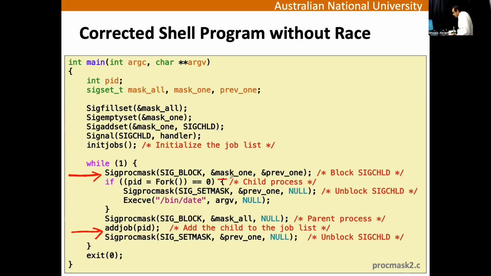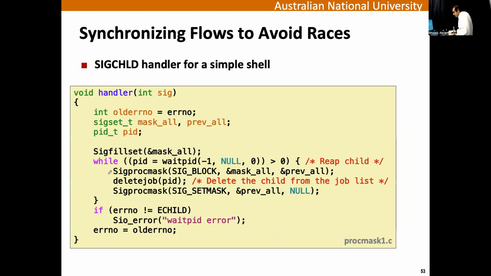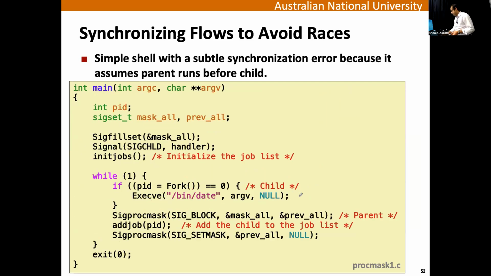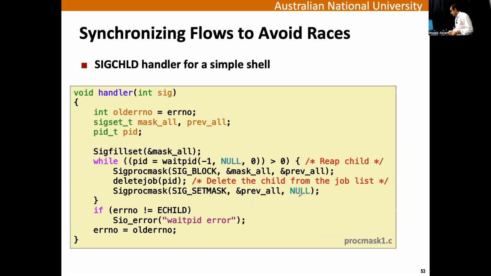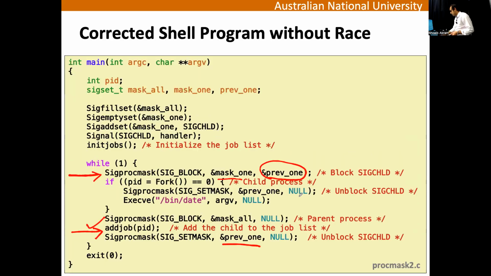So this will block SIGCHLD, and we store the previous bit vector in this variable, which we restore after we are done adding the job, and the child handler is protecting the delete job, once again the data structure, by wrapping it around, blocking all the signals. So this is the corrected version.